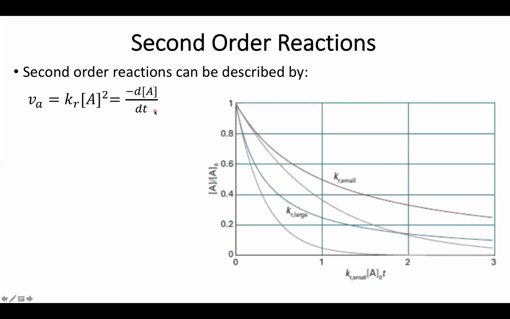And when doing this, it's also very beneficial because, again, you're able to pop out as your slope, your rate constant. And again, you can also obtain your initial concentration from your intercept.